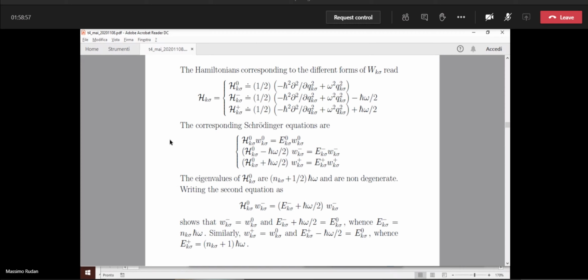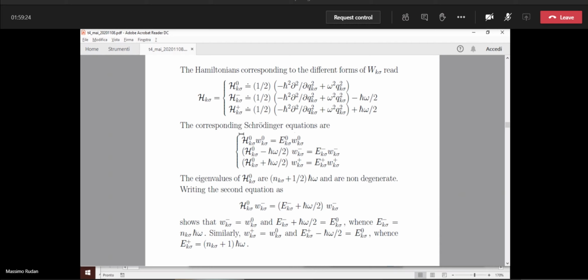Then we construct the three possible Schrödinger equations for each of these operators. For the first one, we have h0 operating on some function that we call W0, equal to some eigenvalue that we call E0 times the eigenfunction.